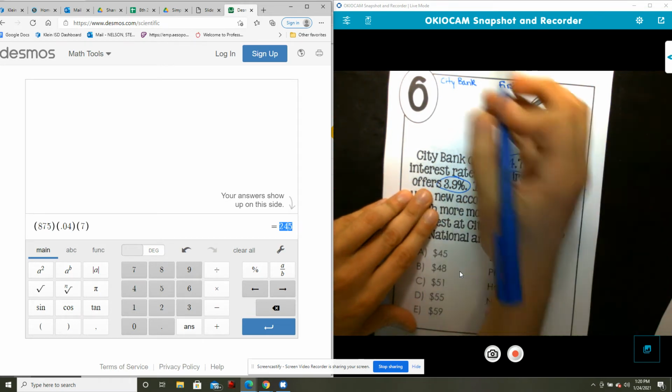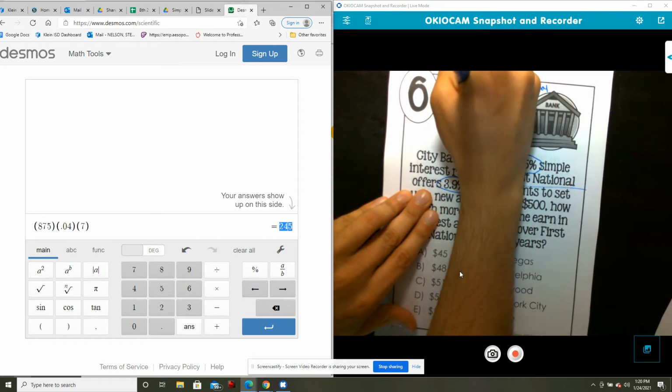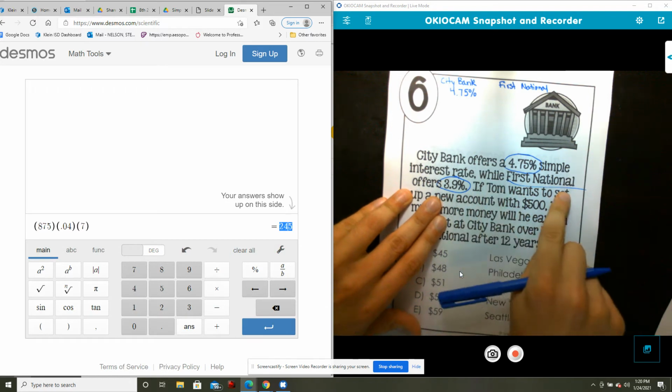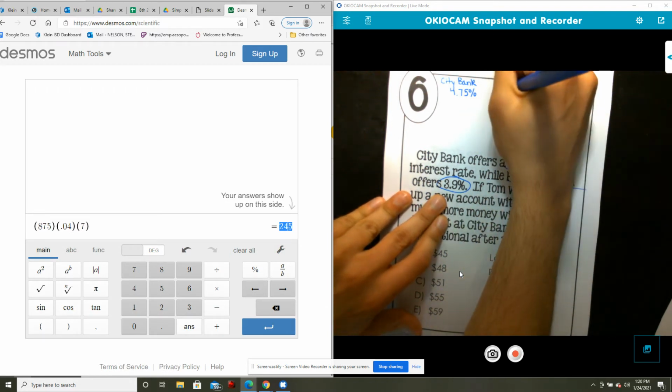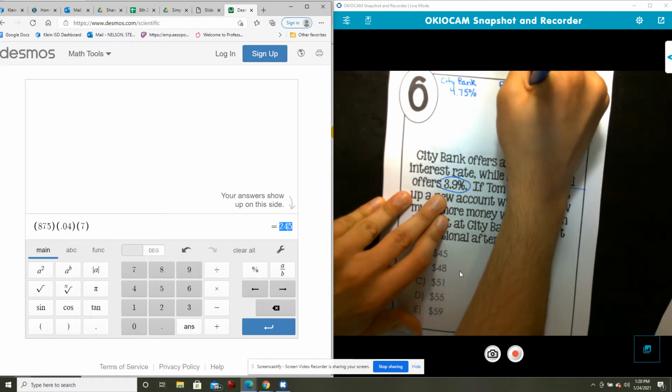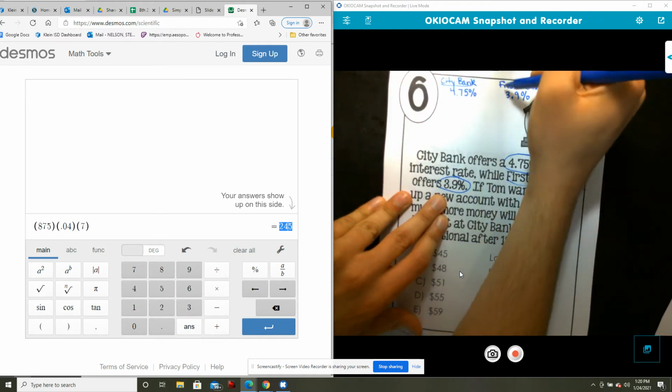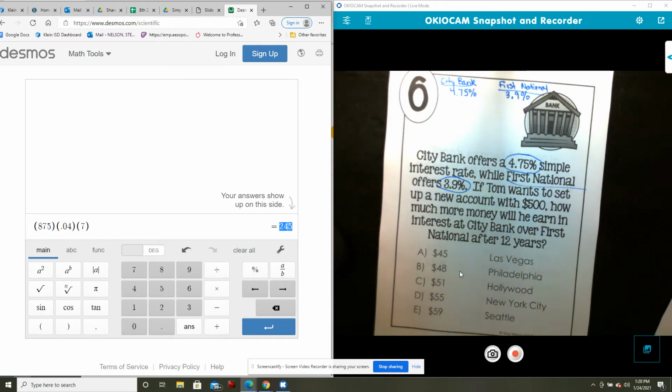All right, so Citibank is going to be 4.75%, and then First National is going to be 3.9. So that way you don't get confused, you want to set up 2 columns for each bank that's offering you, because it looks like it's going to be one of those questions that we're going to have to compare the 2.